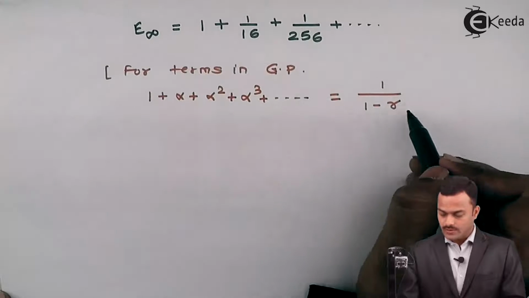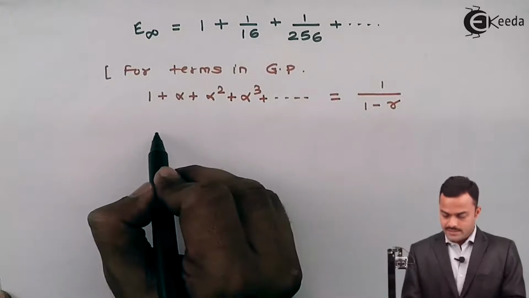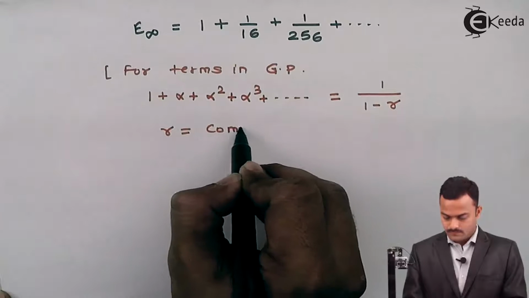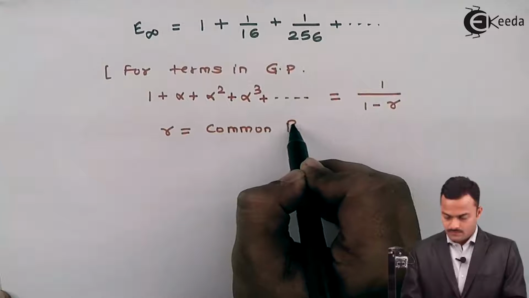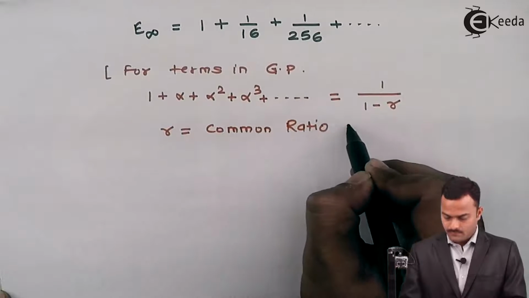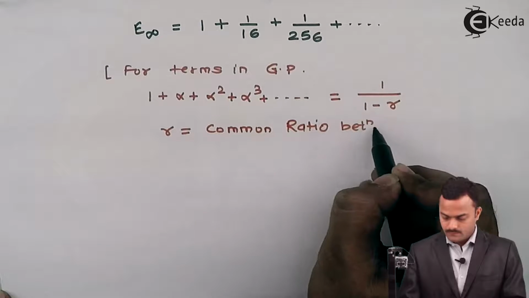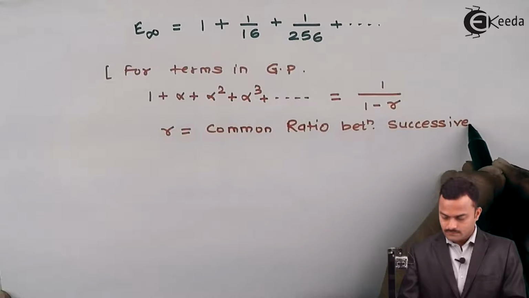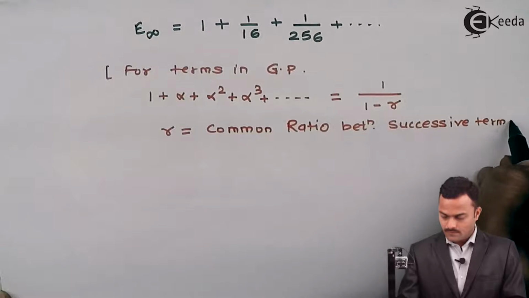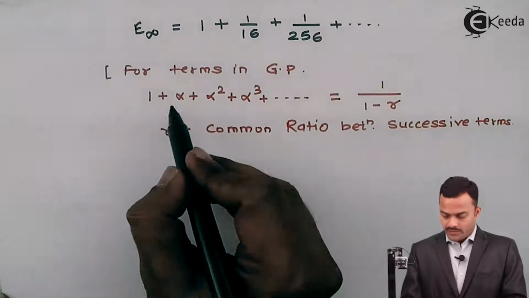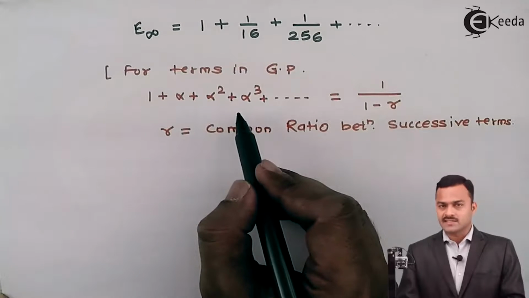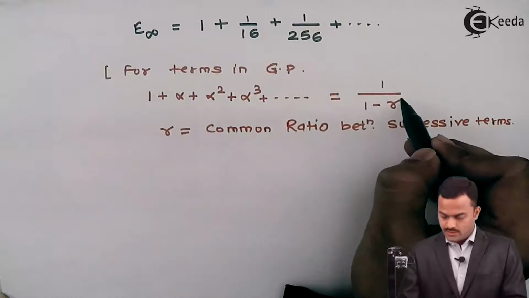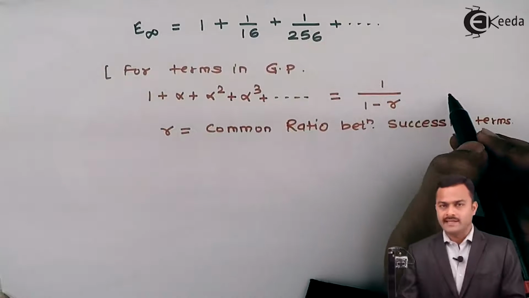Now we need to decide what this r is. r is nothing but the common ratio between successive terms. So over here, if I calculate the ratio between the successive terms, it will become alpha. So the formula is 1 upon 1 minus alpha.